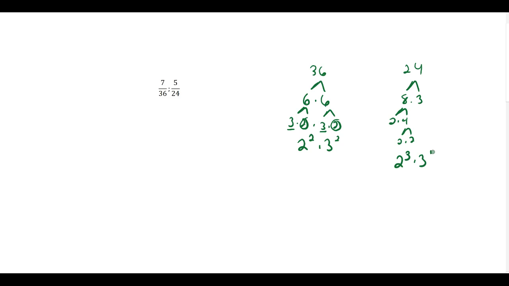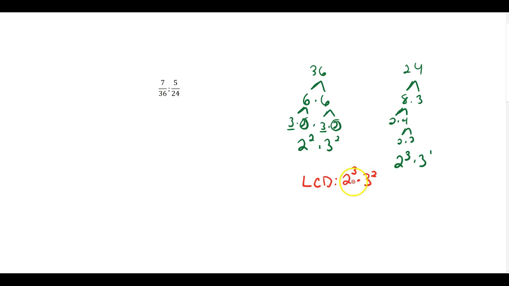Now the thing about common denominators is it's the highest power of any factor, okay? So if I look at this, the highest power of 2 is actually going to be 3. So my least common denominator is going to have a 2 to the third power, and my exponents for my 3 are either 2 or 1, so I'm going to use the 2.